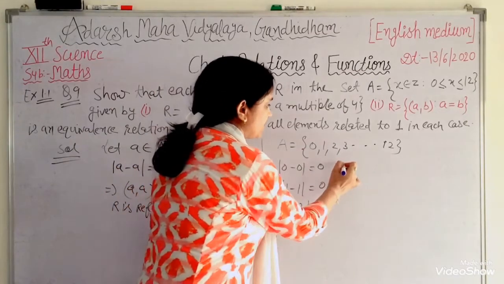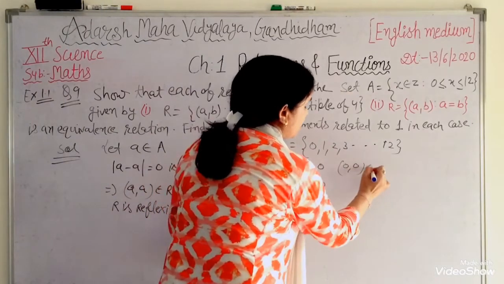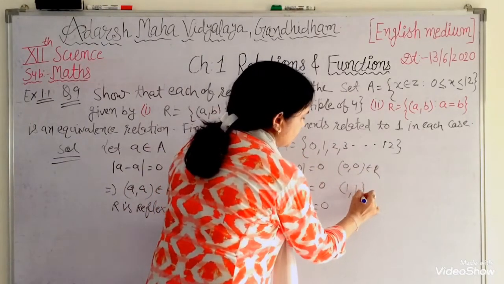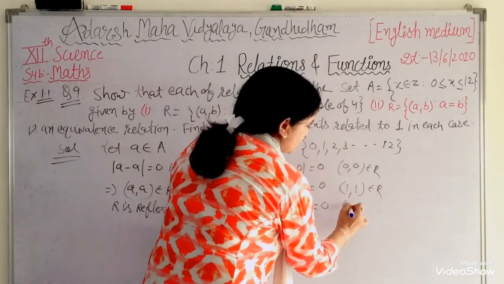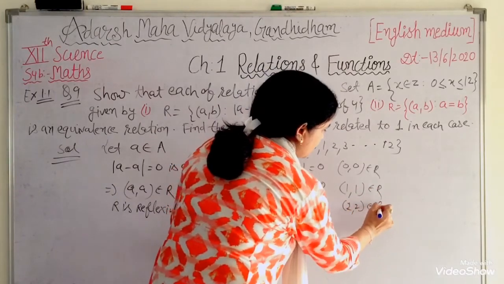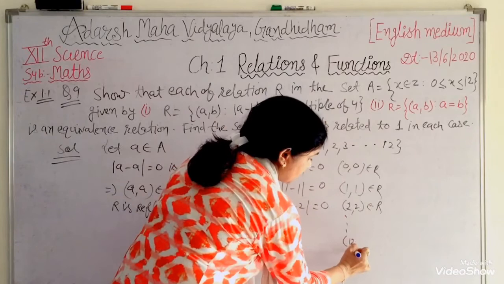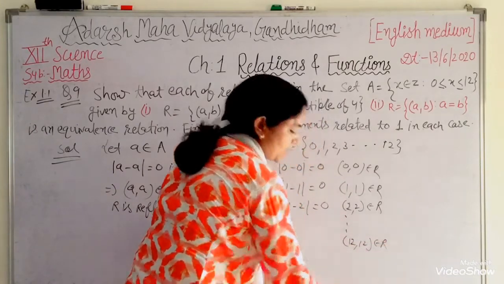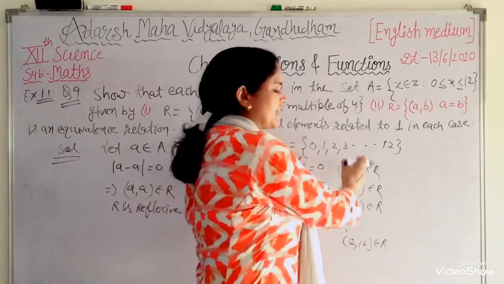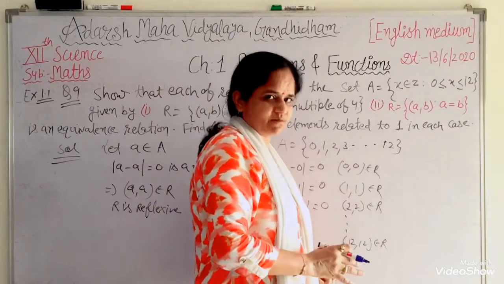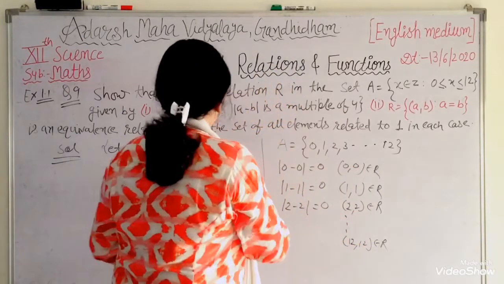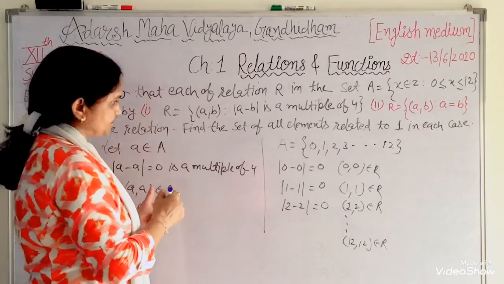Okay, so each and every element belongs to R. (1, 1) belongs to R, (2, 2) belongs to R, and hence (12, 12) also belongs to R. Okay student, but we would have to write more elements in this method. Okay, you can take an algebraic element.